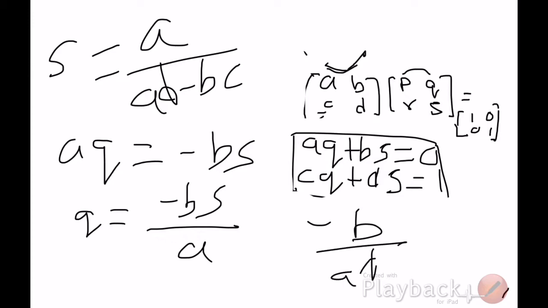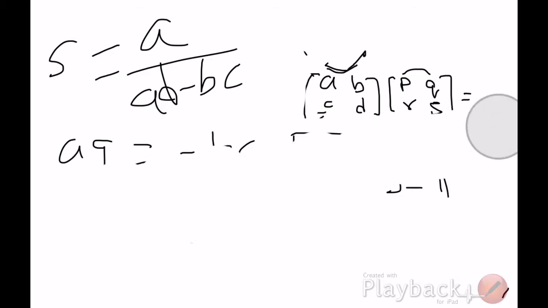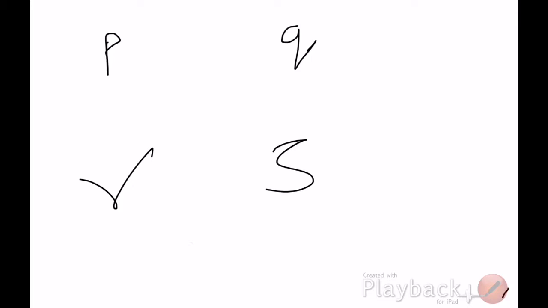Sweet guys, really sweet. Now let us write all these in one big page. All the values we found until now of P, Q, R, S. P is equal to D over AD minus BC.